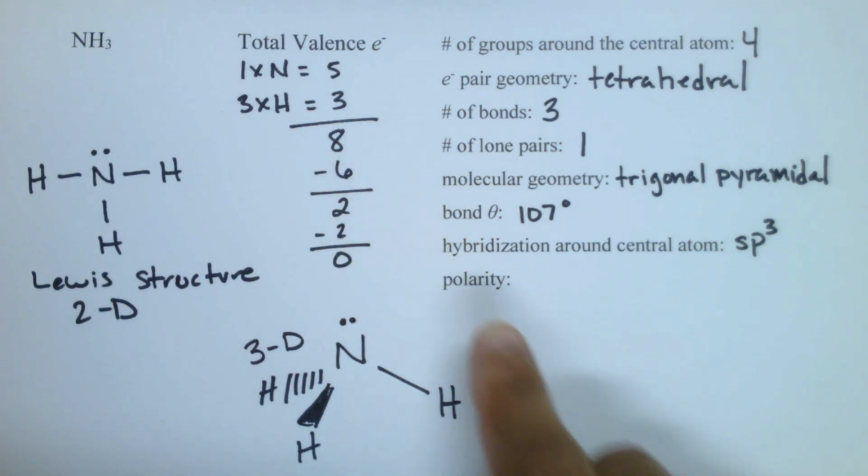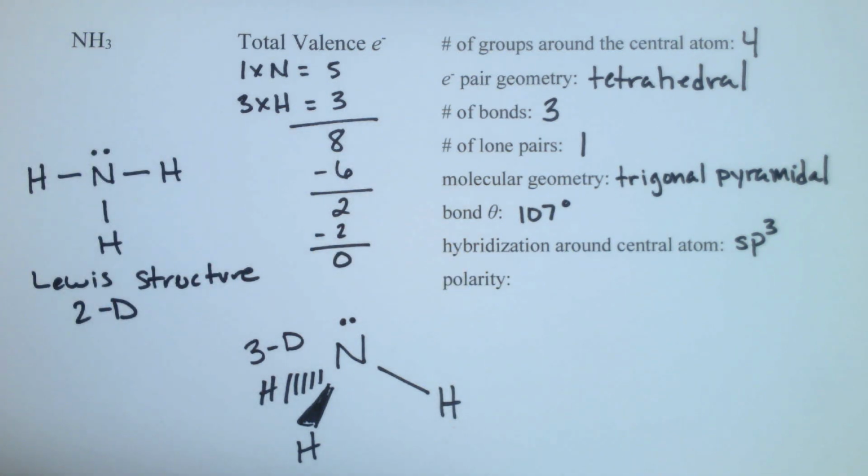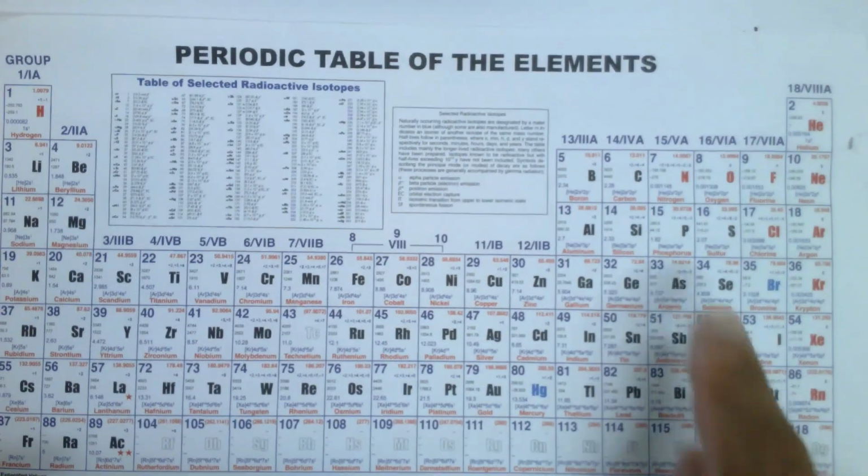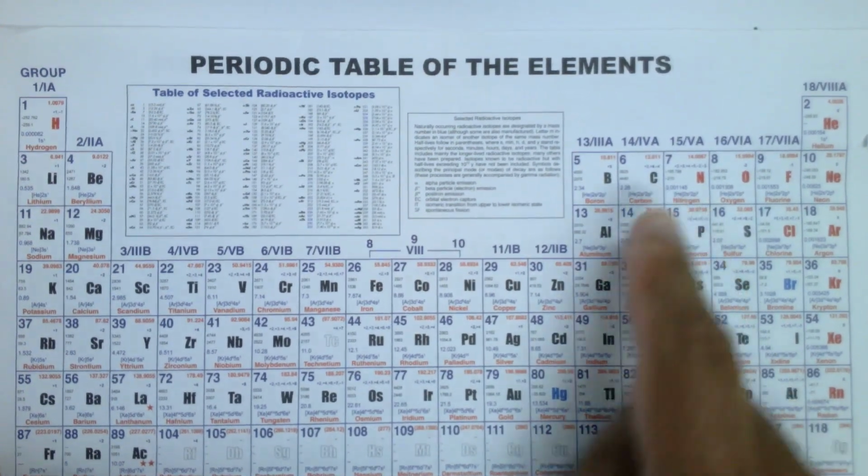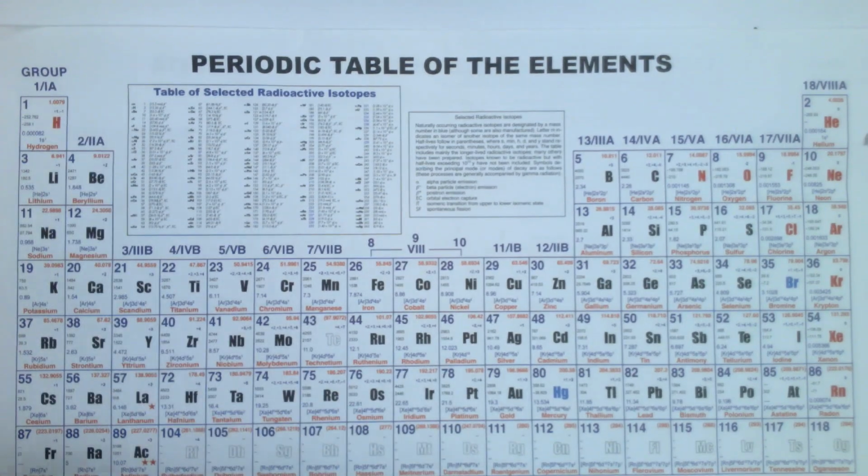So let's close this up by talking about the polarity. To understand the polarity, the molecular polarity, we need to understand the individual bonds in here. What are the individual dipoles telling us? We have three NH bonds. Nitrogen is more electronegative than hydrogen.